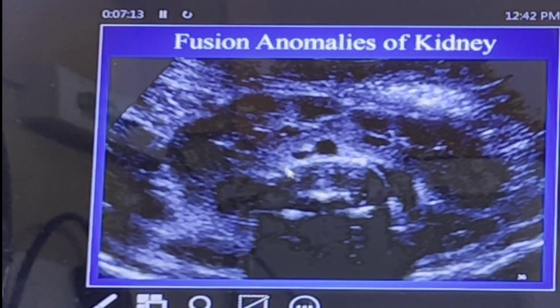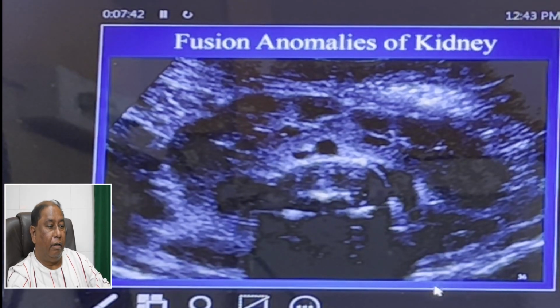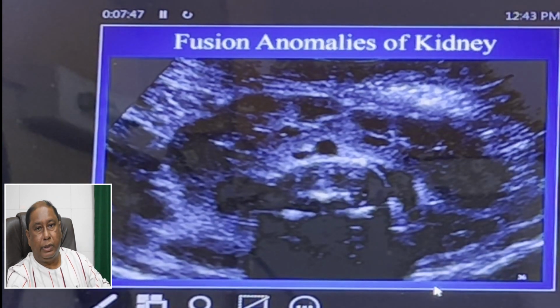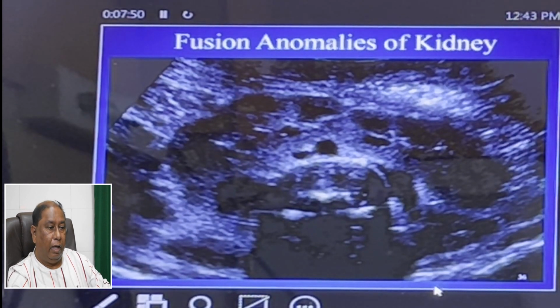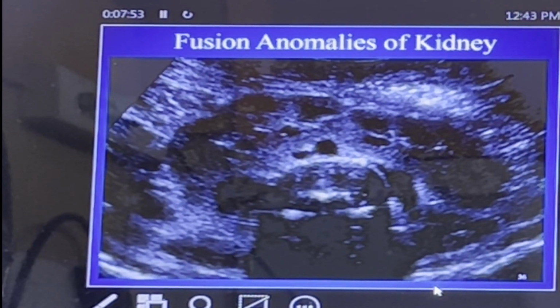The kidney is closer to the spine, here it is the spine, fused at one lower pole, which are medially rotated. The isthmus connecting the two poles appears as a hypoechoic area and may simulate a mass lesion. Due to such an abnormality, problems may arise when the lower pole of the kidney cannot be sharply outlined.